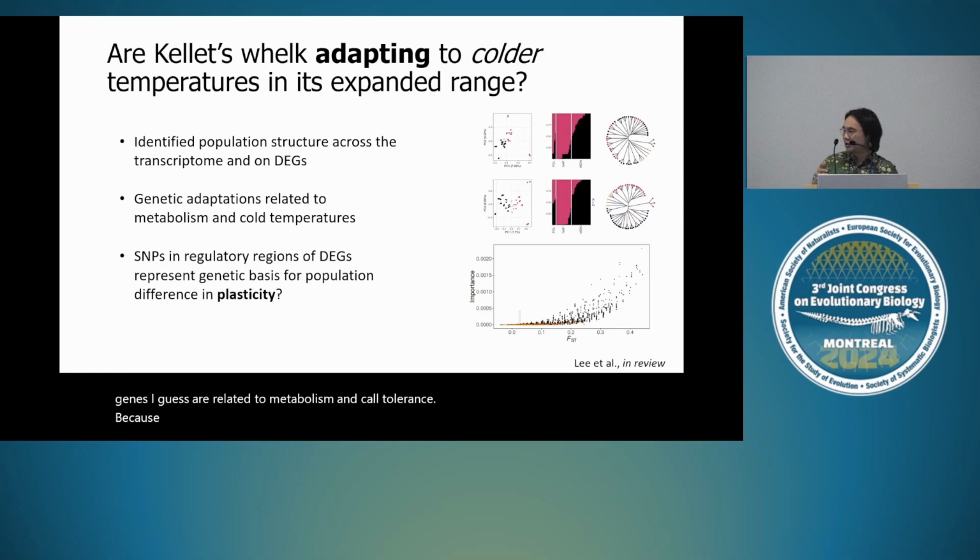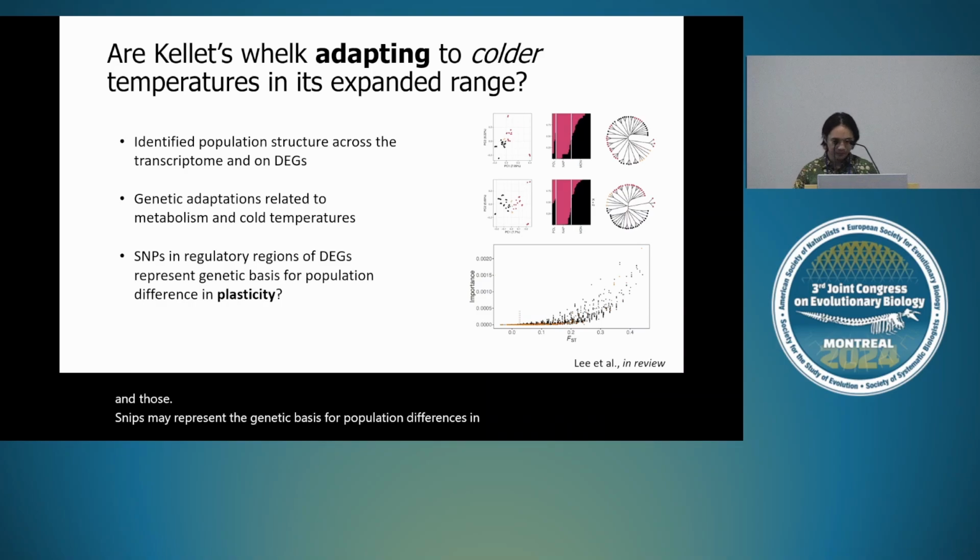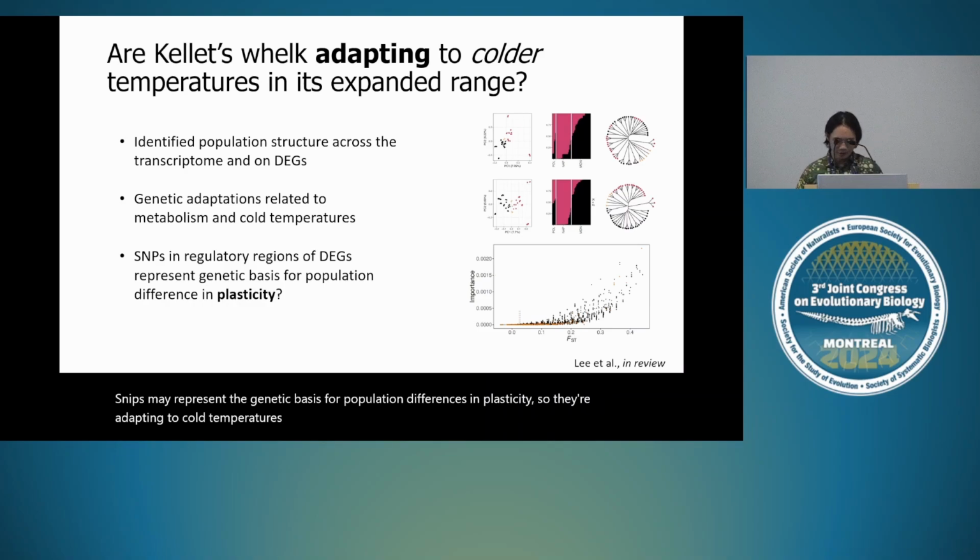Because we found population structure in both the DEGs and across the transcriptome, ostensibly some of those SNPs occur in regulatory regions of the differentially expressed genes, and those SNPs may represent the genetic basis for population differences in plasticity. So they're adapting to cold temperatures, and that's kind of cool.